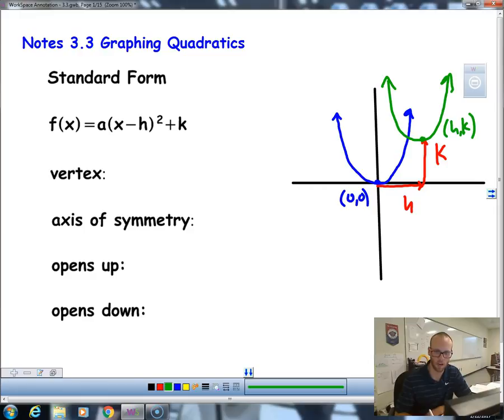They're h, k. So when it's in standard form, we can simply look, identify the h, the k, and that's our vertex, h comma k.